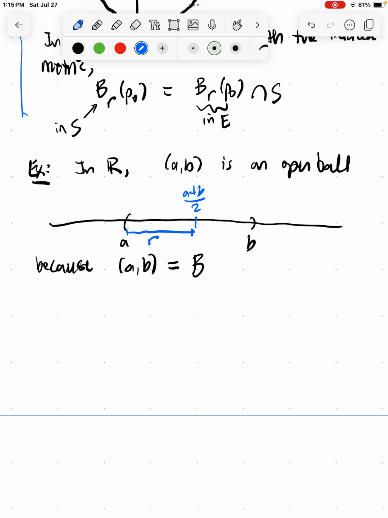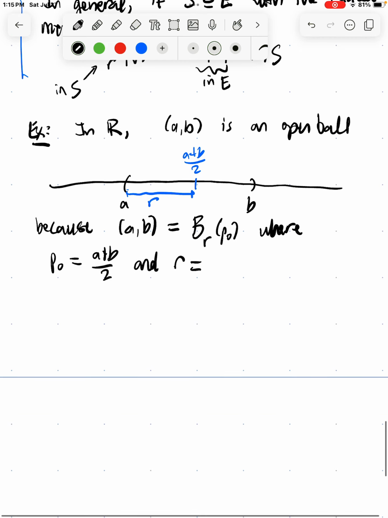So this is the ball of radius R centered at P naught, where P naught is A plus B over 2, and R is A plus B over 2 minus A, which is B minus A over 2.